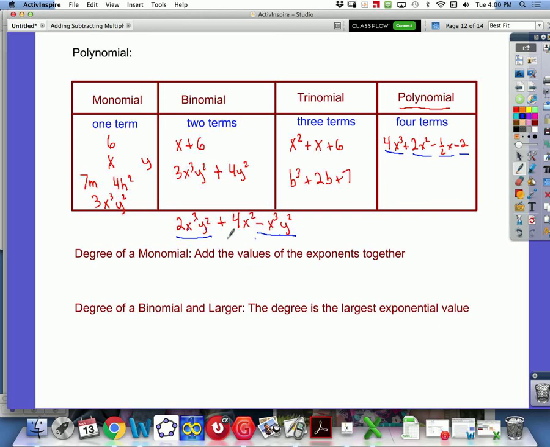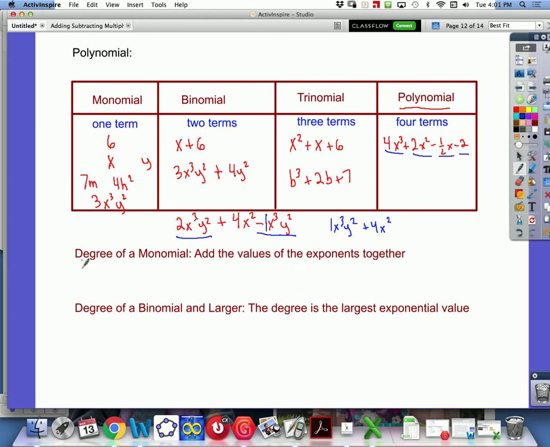So that means they're technically the same, and we can just do what it says. We can do 2 minus the 1, and this really means it's 1x cubed y squared, because 2 minus 1 is 1, plus 4x squared. So even though it looked like a trinomial because there were 3 of them, it really is a binomial once we combine like terms. So you're going to need to look out for problems like that.